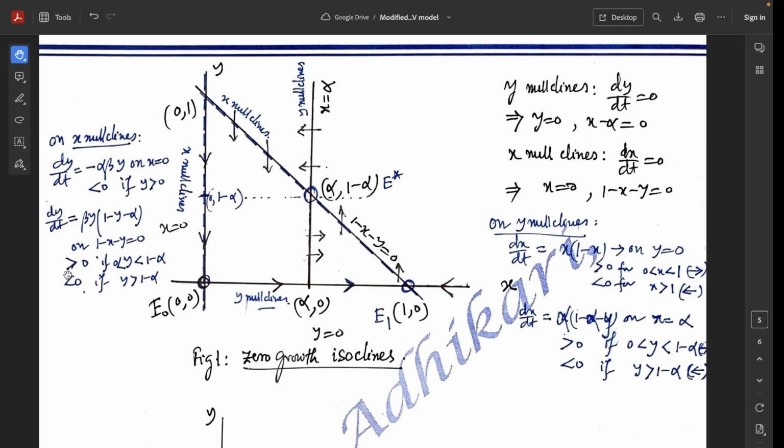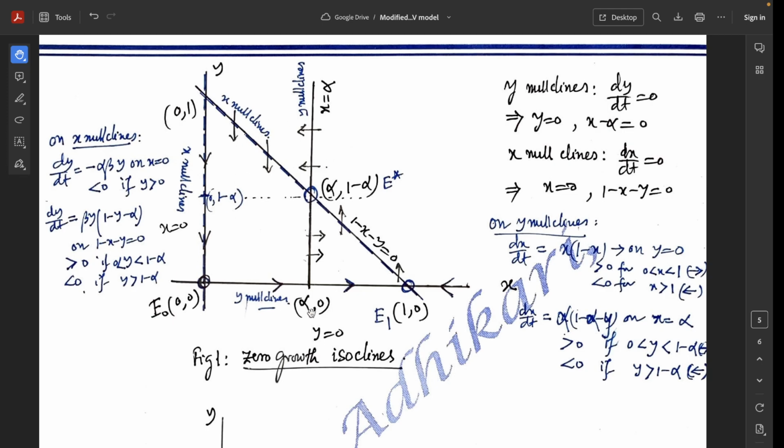And this dy/dt is negative when y is greater than 1 minus alpha. Sorry, y is greater than 1 minus alpha, this is negative, when y lies in this portion. So on this straight line, we put a negative value of dy/dt, so a downwards arrow.